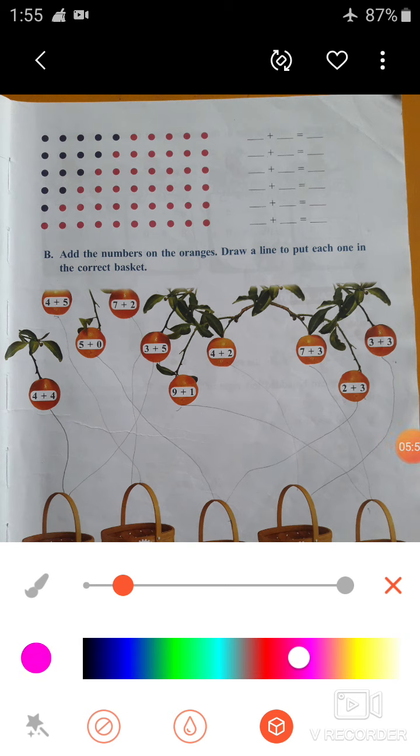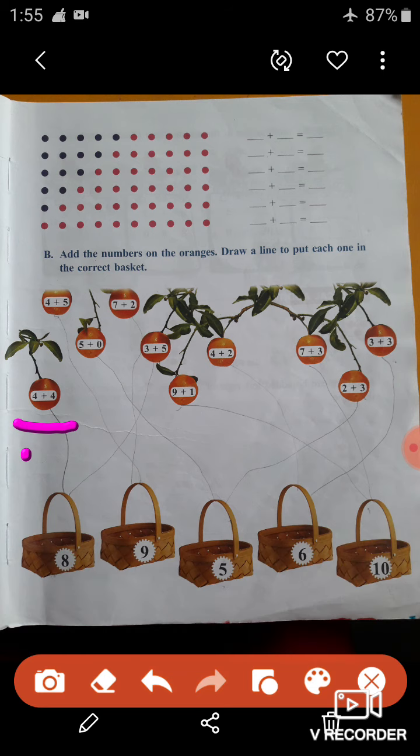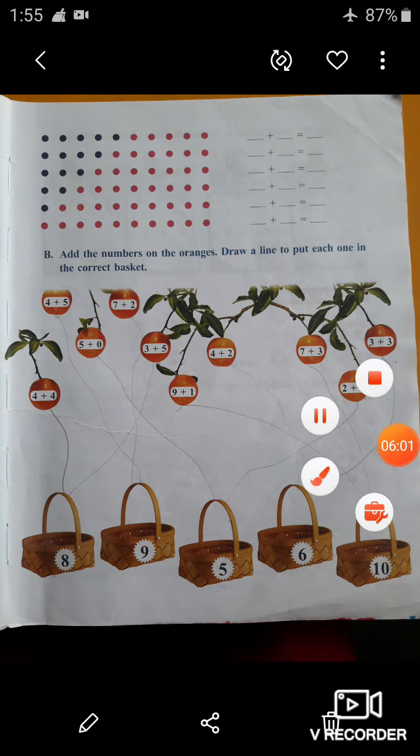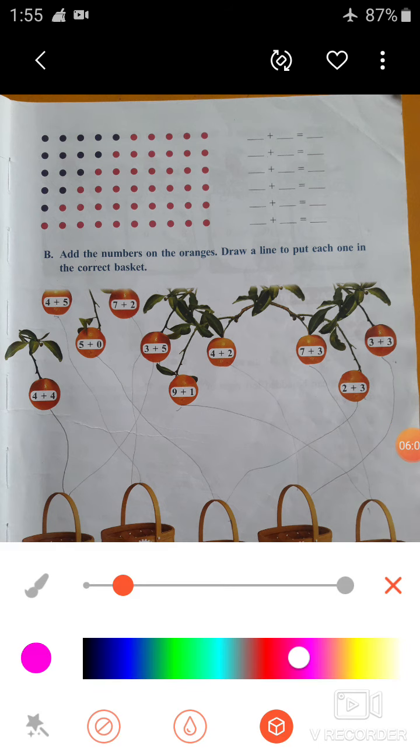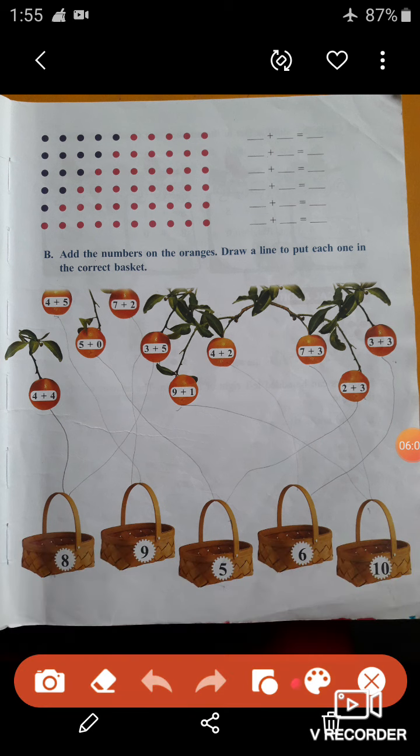Look here. At the first orange, the number is 4 plus 4. When we add 4 with 4, we get the number 8. So here we have to match like this. The first one is already done for you.